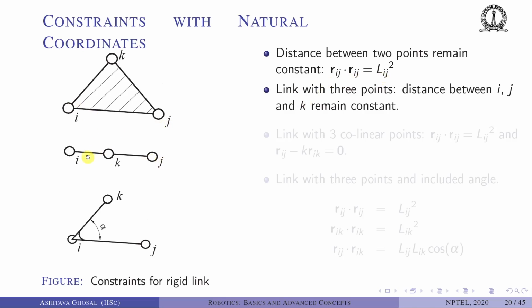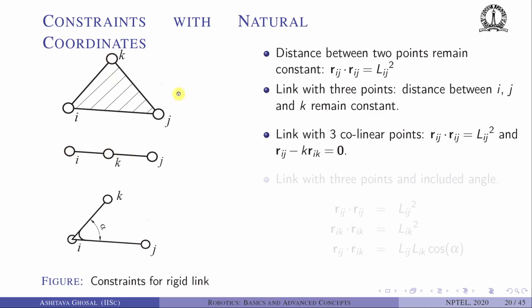If the 3 points are along a line, then you have Rij dot Rij is Lij square, and also Rij minus k times Rik is 0. Basically, this vector from i to j is proportional to the vector from i to k.